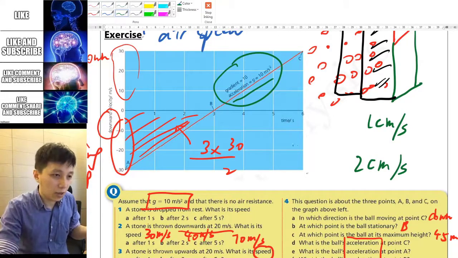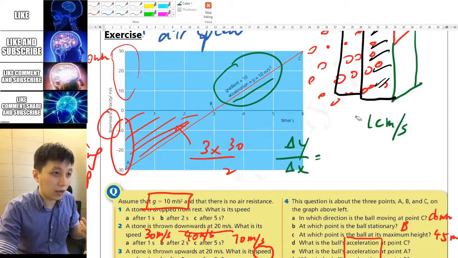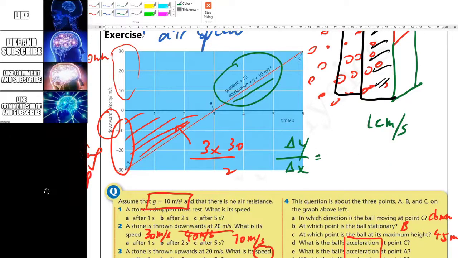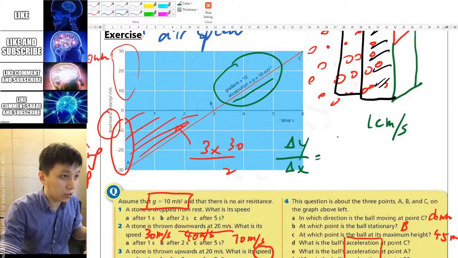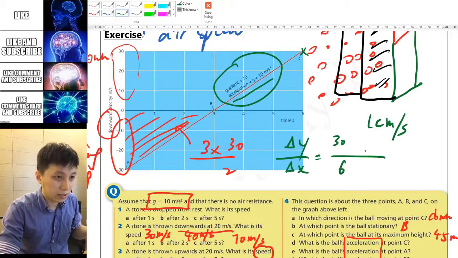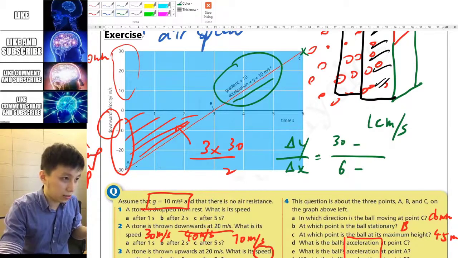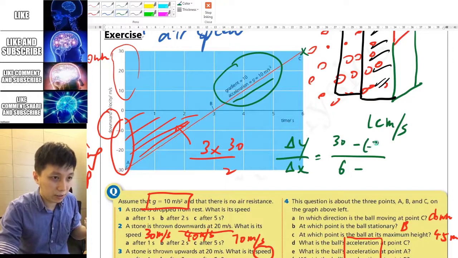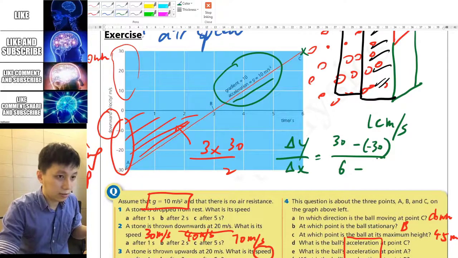Alright, it's just delta y over delta x. Actually, let me show you how I can do it. So you can do delta y, which is 30, like this point, 30, and then 6, right, for x, and then this is going to be negative 30, and then time is 0.